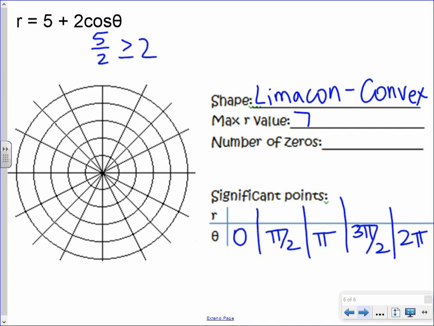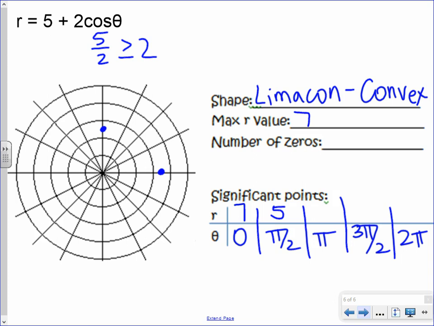All right, let's do this together. The cosine of 0 is 1, so we have 5 plus 2 times 1, 7 as our first coordinate. The cosine of pi over 2 is 0. So at pi over 2, we have an R value of 5.